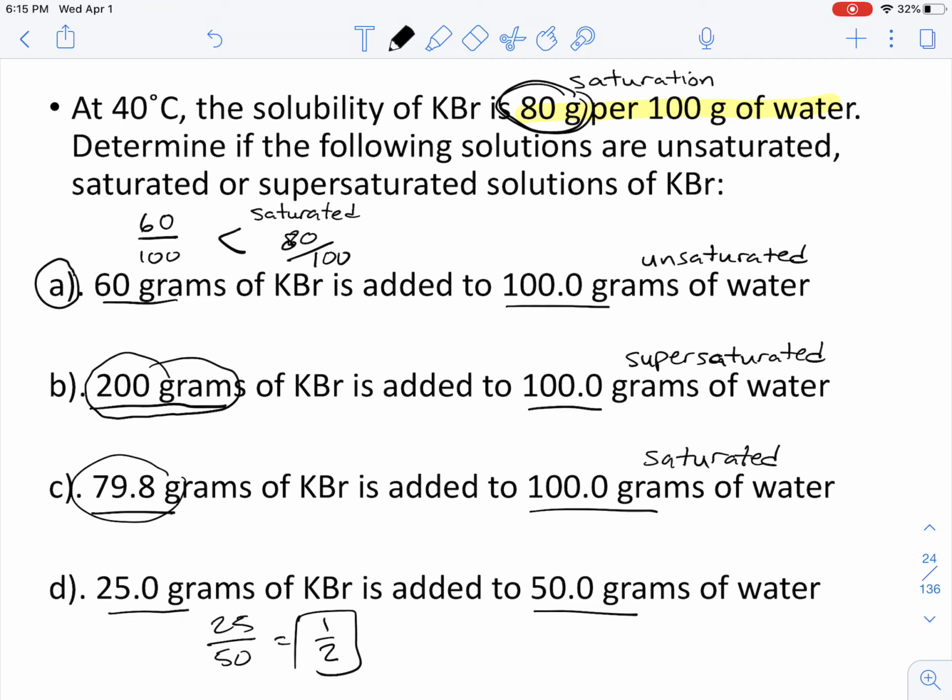Now, if you look at our original saturation limit, we have 80 grams over 100. And so we can go ahead and reduce this to 8 over 10, and 8 over 10 can further be reduced to 4 over 5.